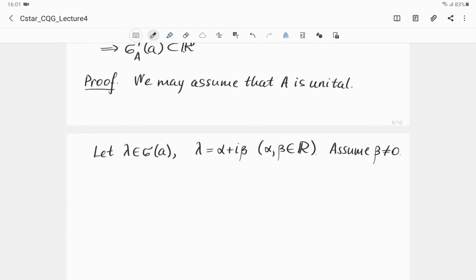Okay, so lambda is in the spectrum of a. By the polynomial spectral mapping theorem, we conclude that for each real number t, lambda plus it sits in the spectrum of a plus it1.